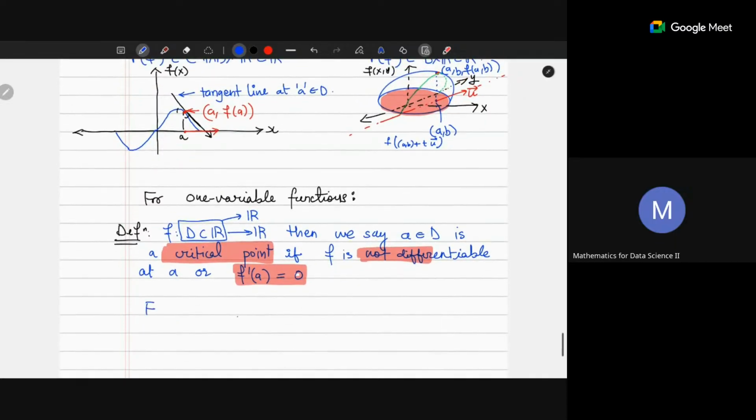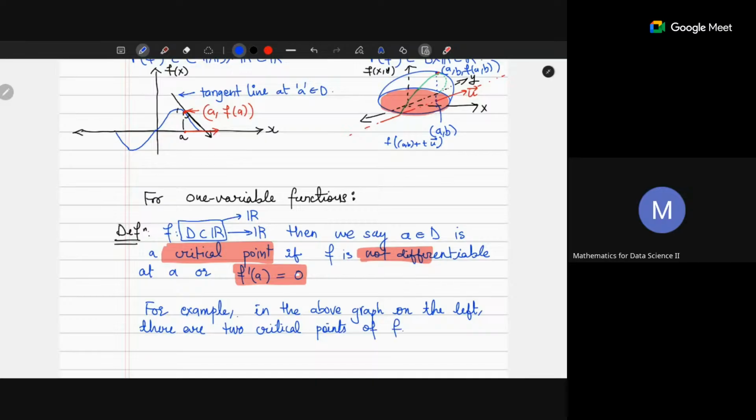For example, in the above graph on the left, there are two critical points of f.